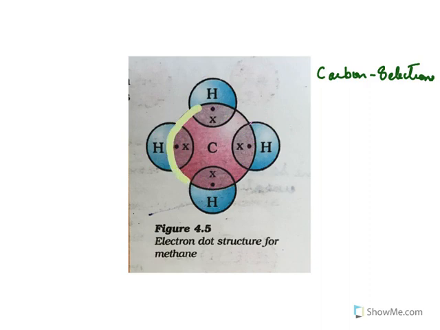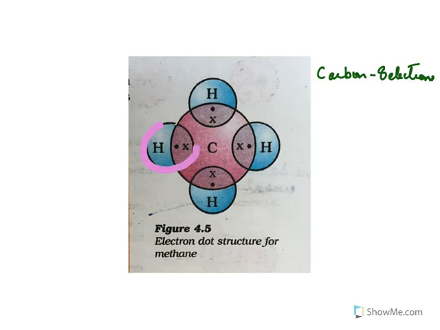For the carbon, there are 8 electrons, and if you see the electrons here, 1 is of carbon while the other is of hydrogen. Here too, 1 is of carbon and the other is of hydrogen. Total will be 8 electrons.